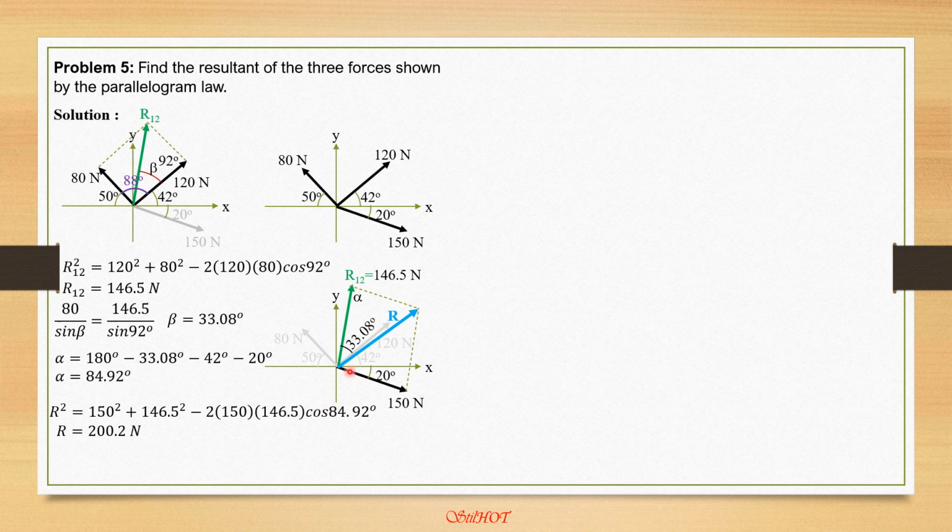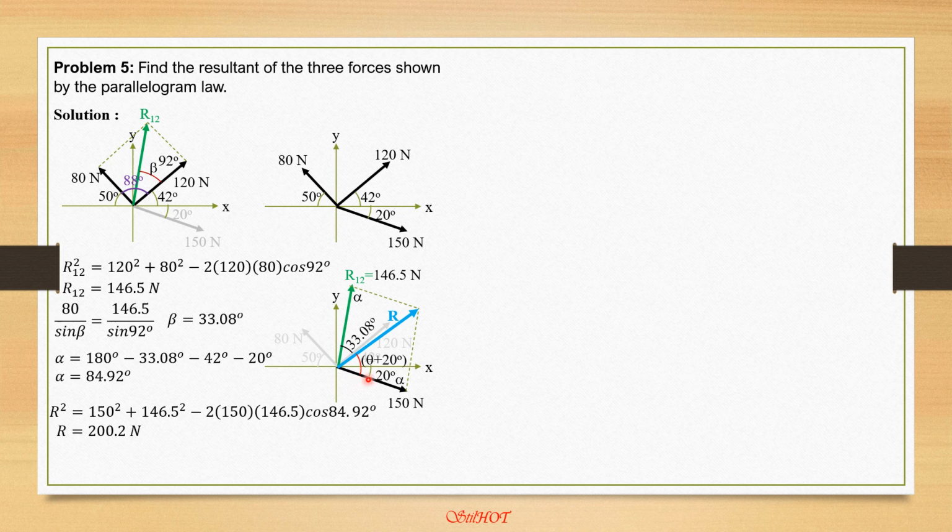Then for the direction, we have to compute another angle, let's say this angle here. That's also alpha. So this is theta. From the horizontal is theta plus 20 degrees, the whole angle here.